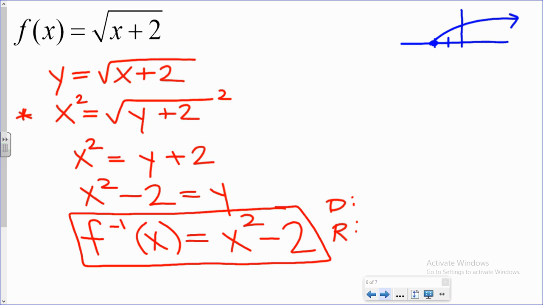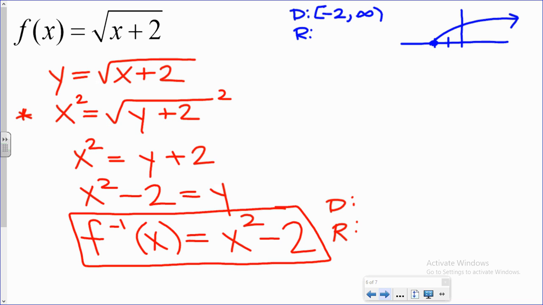If our function is this square root of x plus 2, okay, Maverick, what would our domain be for this one? Good. -2 to infinity. Okay?